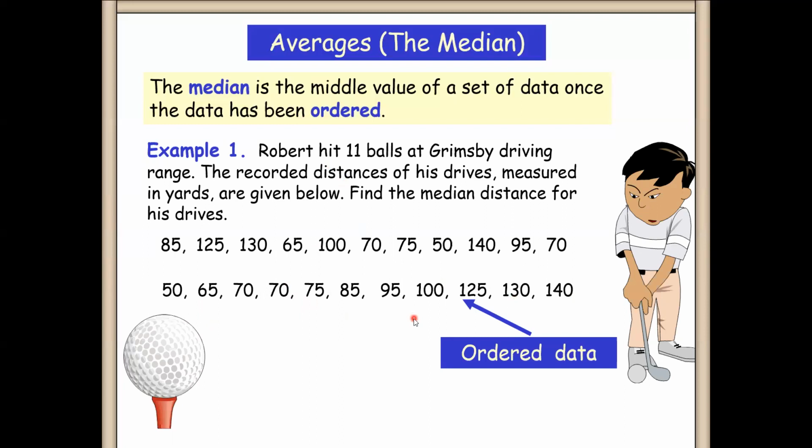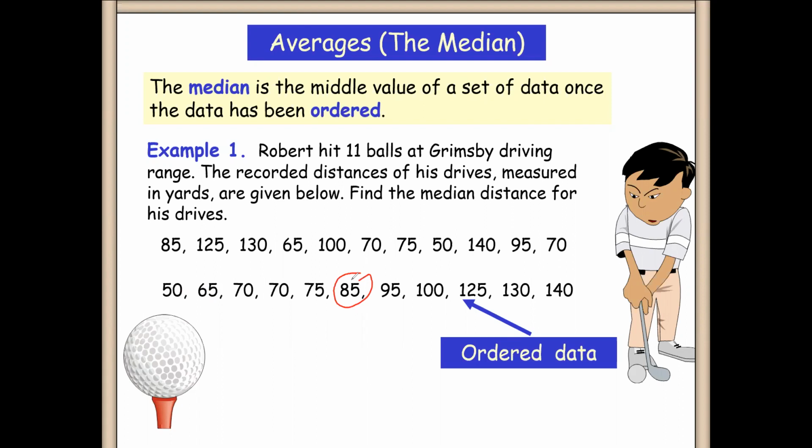What position will the median lie in? Number 6, sir. You say 6. So if we go with what he's saying, 1, 2, 3, 4, 5, 6, we get 85.